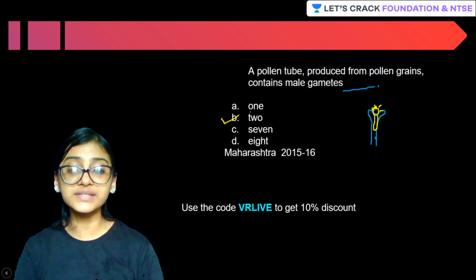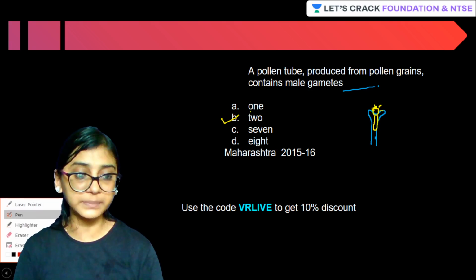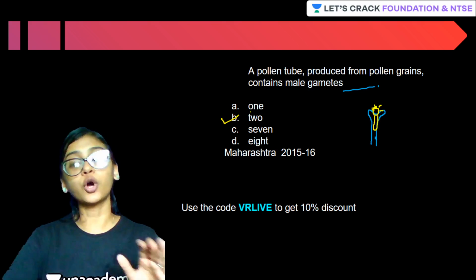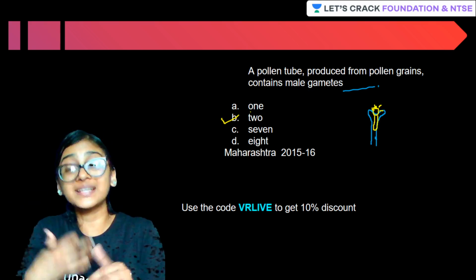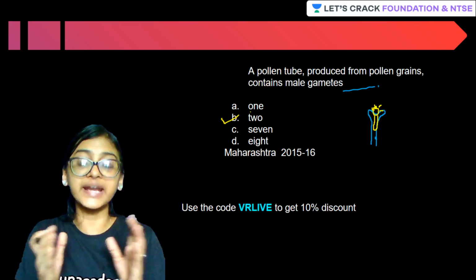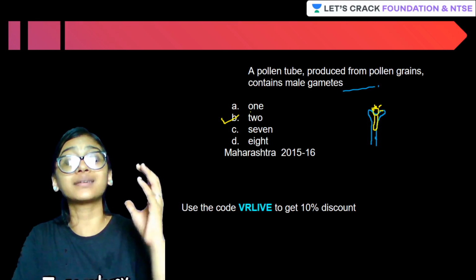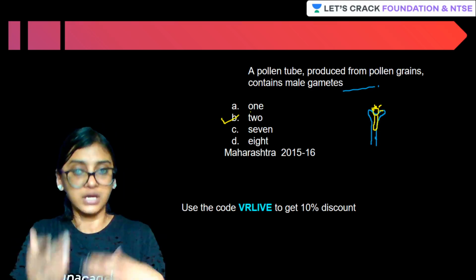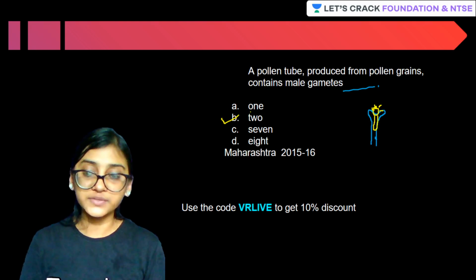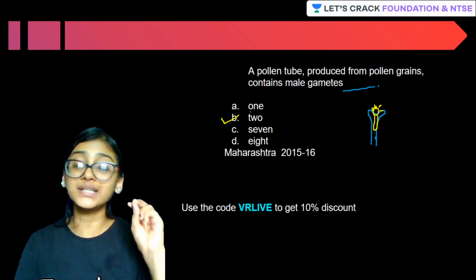So most plants require, along with the embryo production, along with the zygote production, endosperm as well, because endosperm acts as a nutritive material for the growing embryo. That's why in the pollen tube you get to see 2 male gametes.